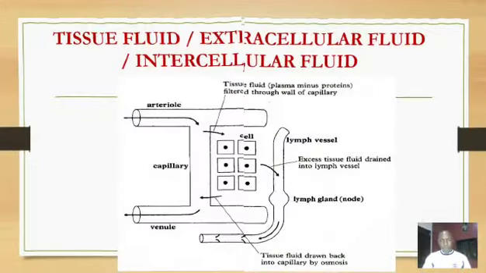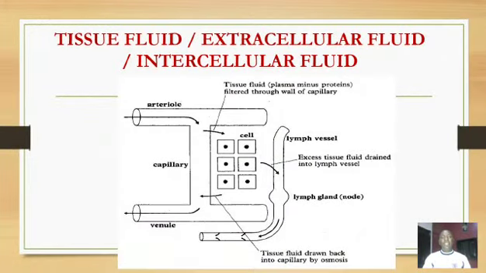Moving forward, we are going to see that the capillary has an end near to the arteriole and another end near to the venule. The end near to the arteriole is what we call the arterial end, and the one near to the venule is what we call the venule end.